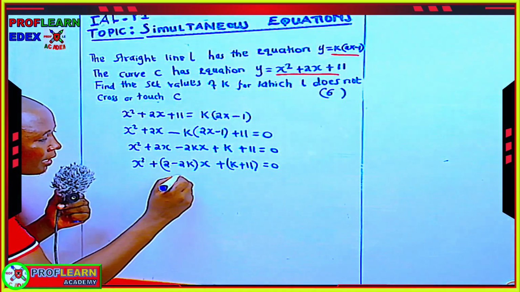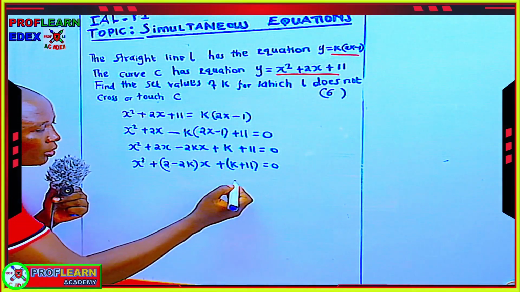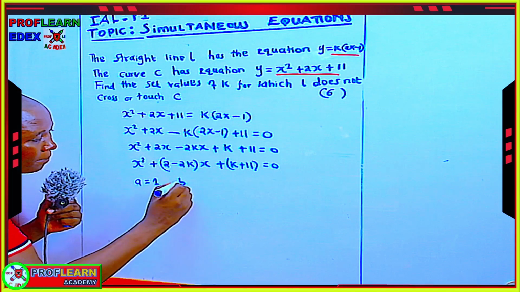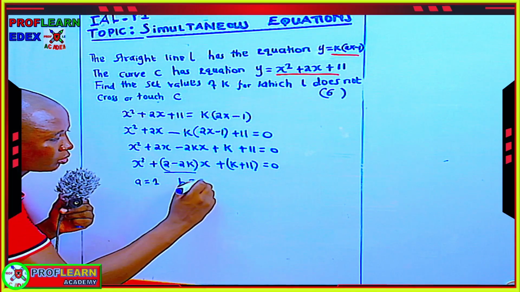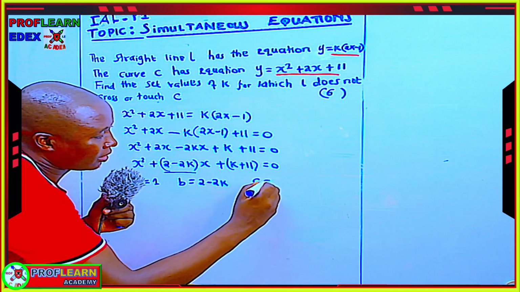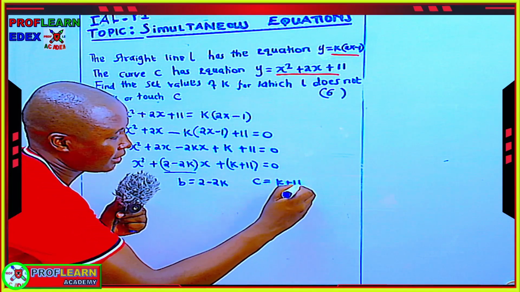I want you to realize that this is a quadratic equation whereby a is 1, b is 2 minus 2k, and c is k plus 11.